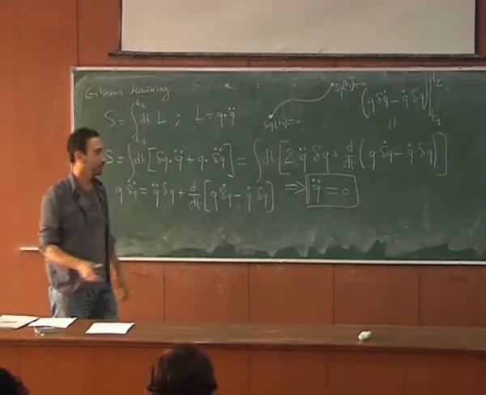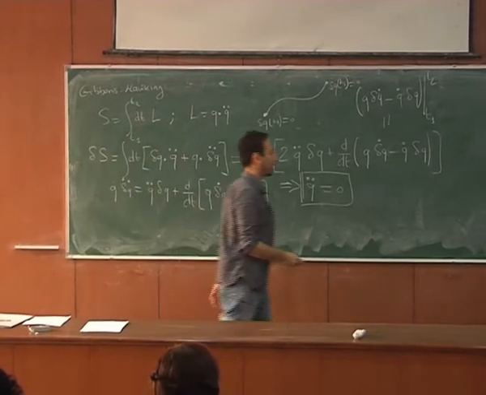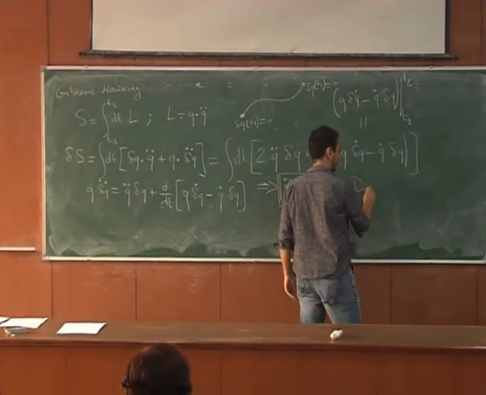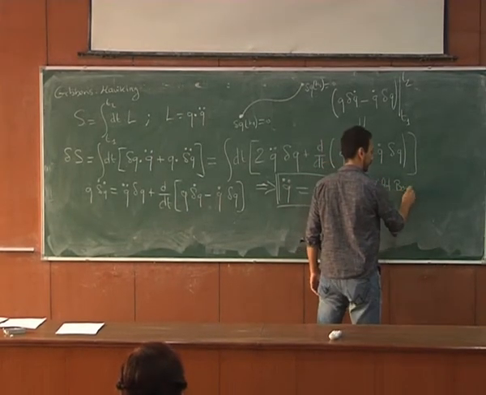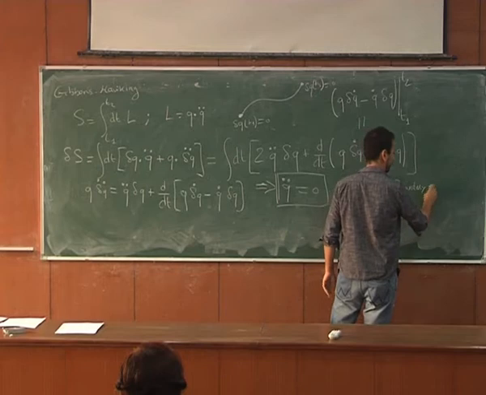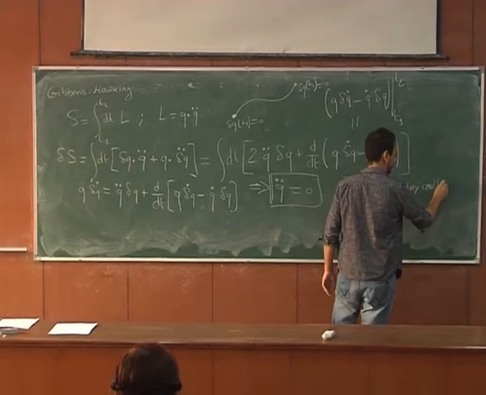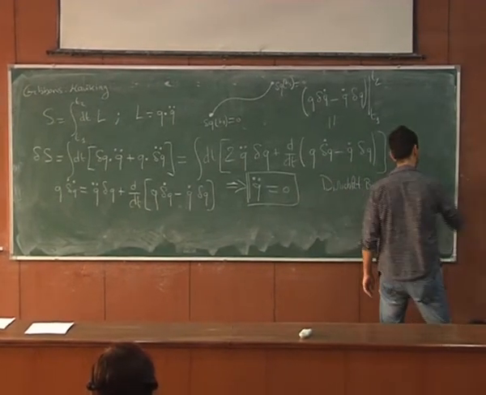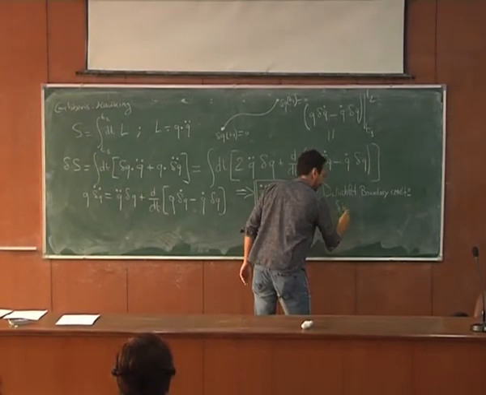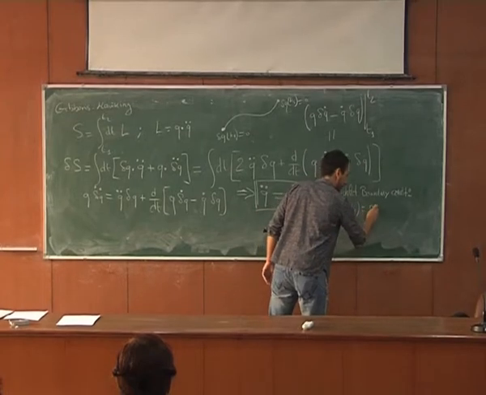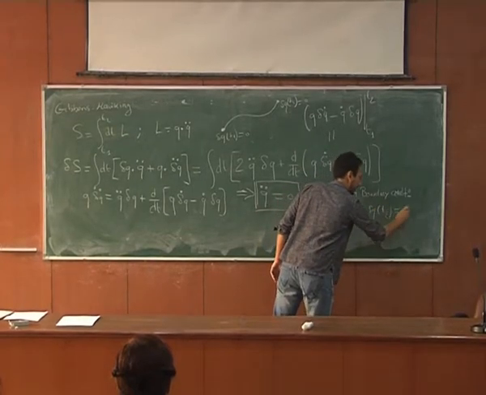This is the standard boundary condition. They are called Dirichlet boundary conditions. This is when I say that delta q is equal to 0.